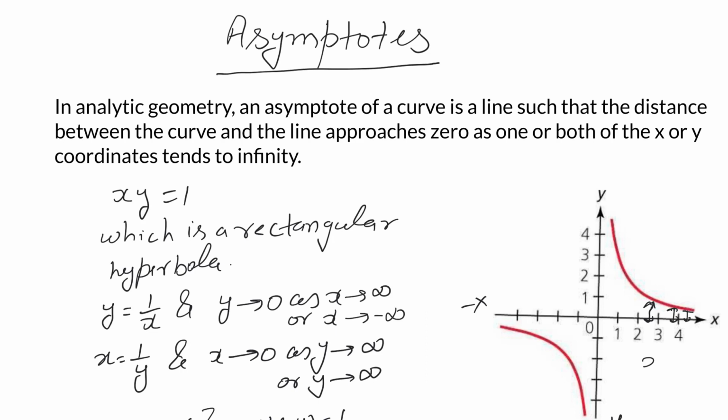Now we have seen that an asymptote will meet the given curve at infinity. Therefore from here we can draw an inference that an asymptote is of infinite length.